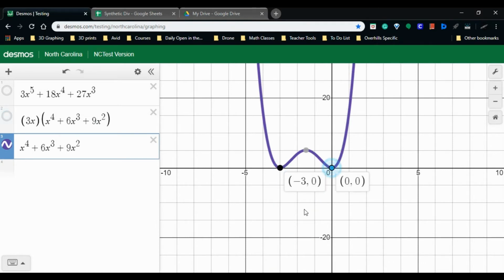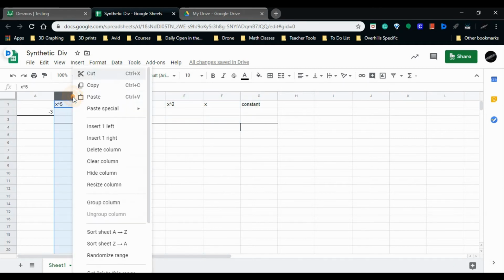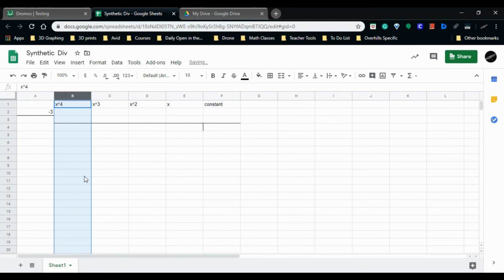But you see, I still have these factors going on, and so now I get to choose. I'm going to go with this -3, and so then I go into my synthetic division. This is a root of -3, and I had set this up kind of one step early.